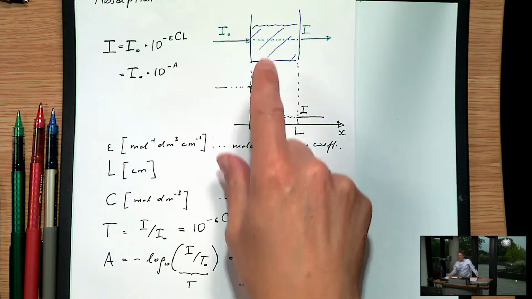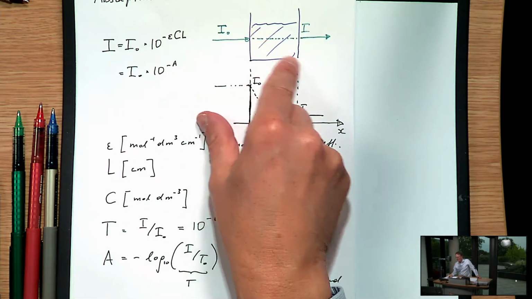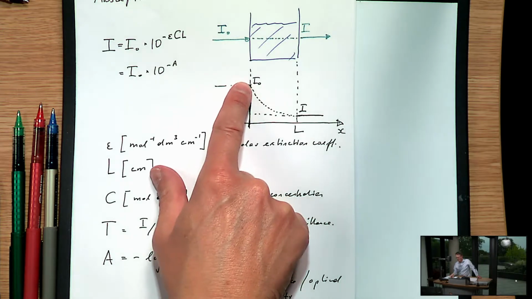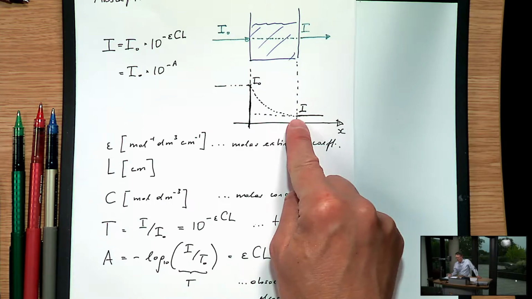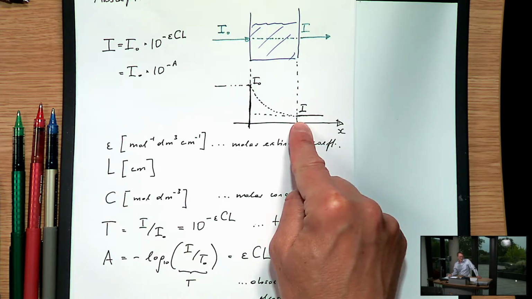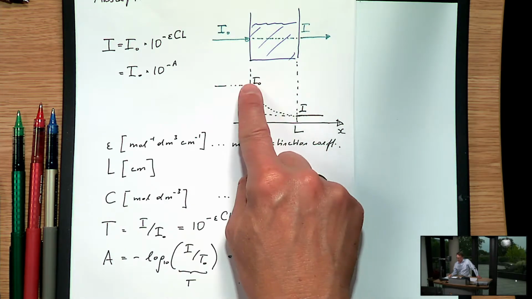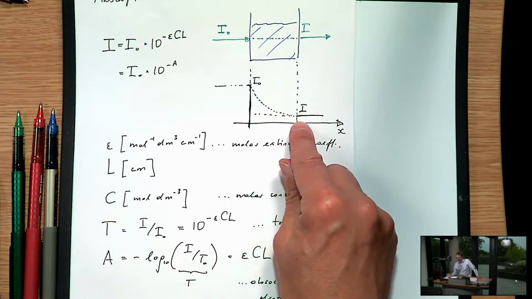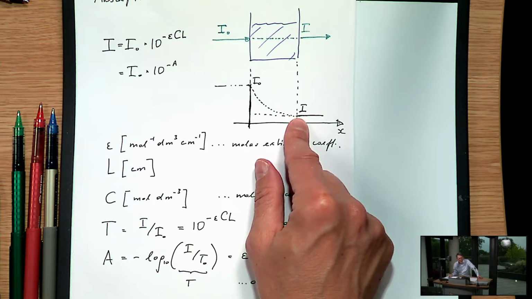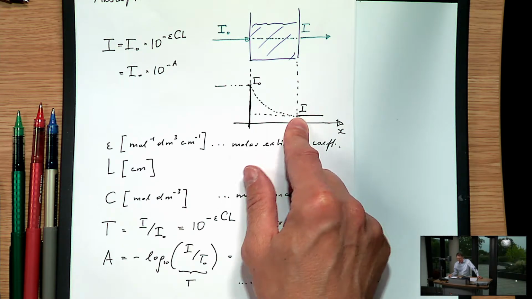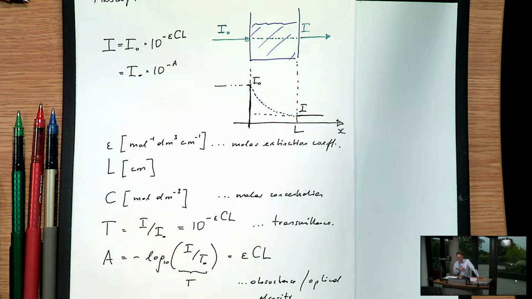On the other hand, because of this exponential behavior, if you have a very large concentration, then of course what comes out very quickly goes down to zero. You get no light coming through, and then you can't measure anything either. You cannot determine I over I naught very well. The transmittance can't be looked at.